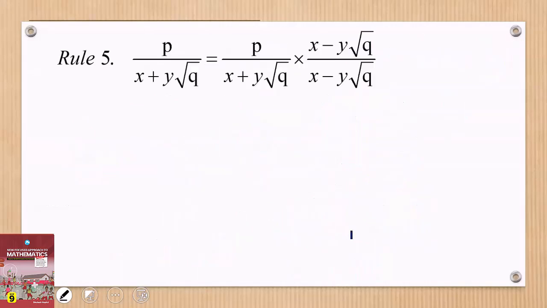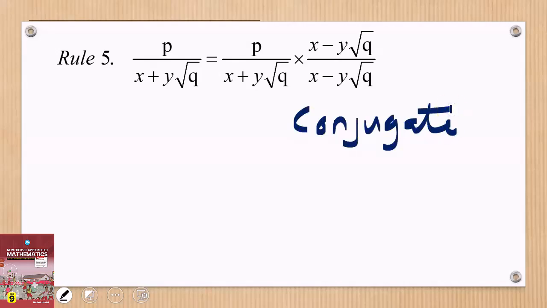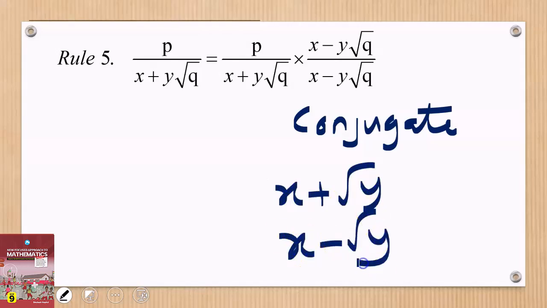Now the last rule is also about rationalization, but here we want to apply a principle called conjugate surd. You do this when you go to senior high school. But the conjugate surd simply means if I have x plus root of y, its conjugate becomes x minus root of y.